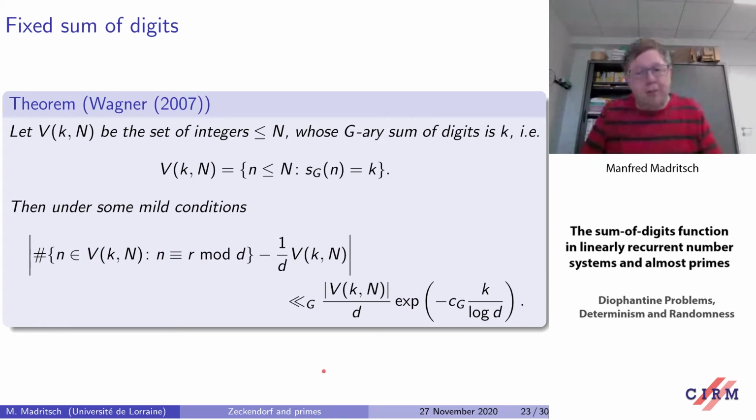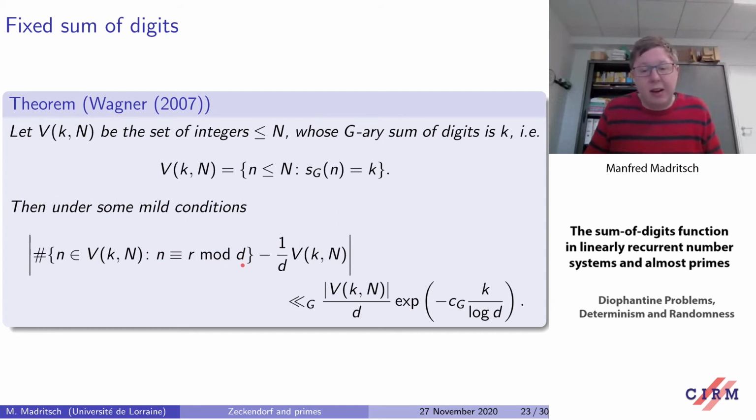For a fixed sum of digits, Stefan Wagner could show that if you fix the sum of digits function, say to k, then he could show some local limit theorem in the arithmetic progression.